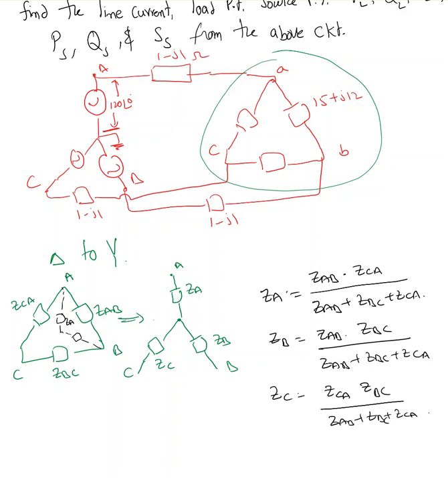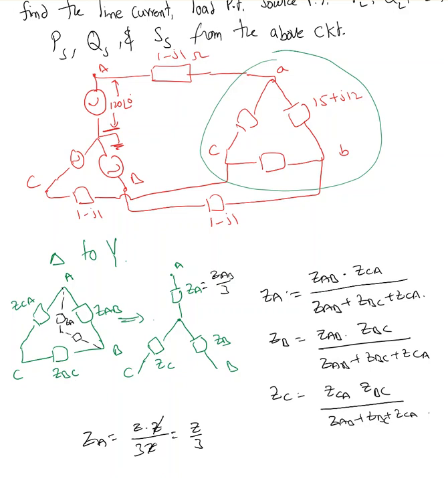Now if we have a balanced load, that makes our life easier, because all these three quantities are the same. So ZA equals Z over 3. When you're transforming a delta load into a star load, if it is balanced, all we need to do is divide by 3, ZAB over 3. That's what I'm going to do.